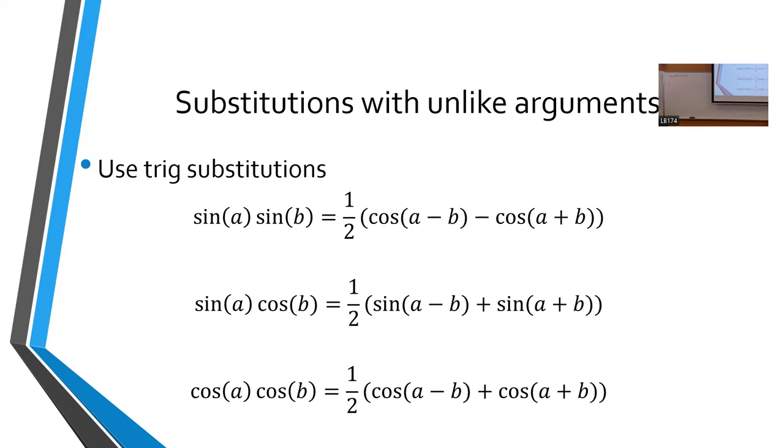So I'm going to replace cosine of 3x times cosine of 7x with 1/2 times the quantity cosine A minus B. Now, A minus B would be 3x minus 7x in our case.